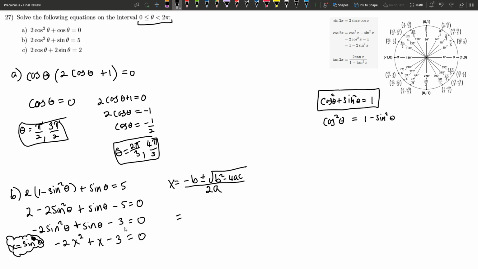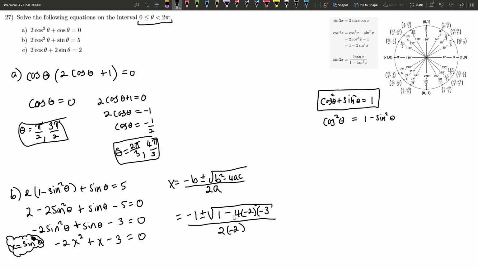So for b, the number in front of the x is b, so that's negative 1 plus or minus the square root of b squared, so that's 1 squared, which is just 1, minus 4 times a, which is negative 2, times c, which is negative 3, all of that over 2 times a, which is negative 2.